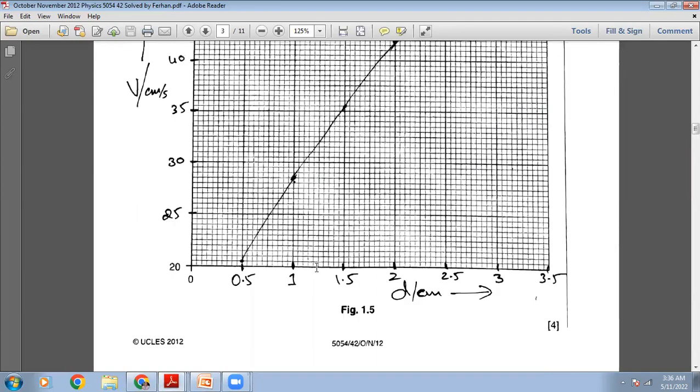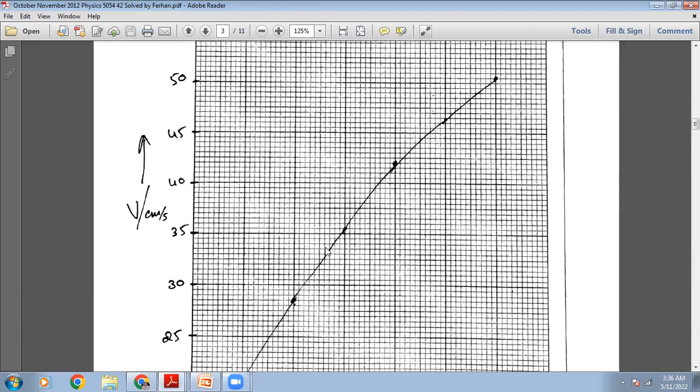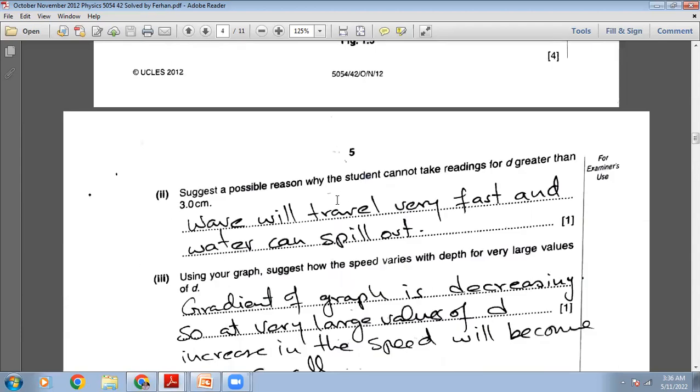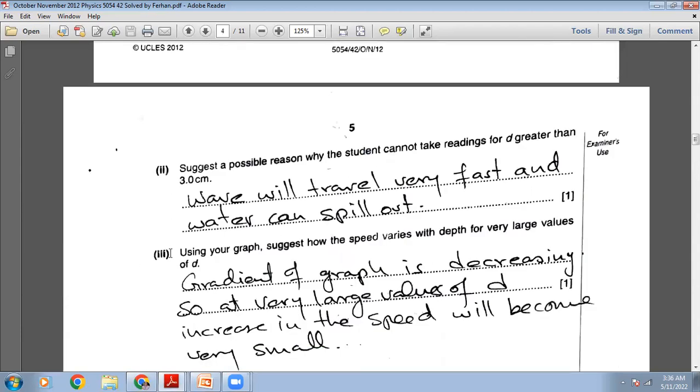So the speed will become larger and larger. If the wave travels at a higher speed, then it becomes difficult to time it and to control that water.